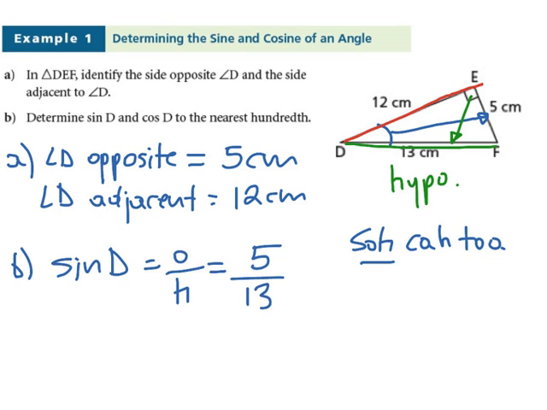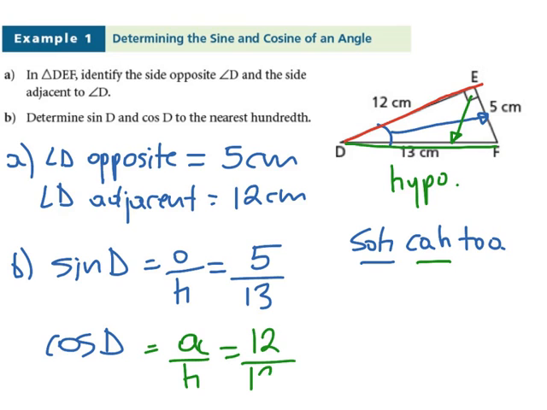Now the cos of D, look again at SOHCAHTOA, is adjacent over hypotenuse. The adjacent side is 12, and the hypotenuse is 13. So the cos of D is 12 over 13.